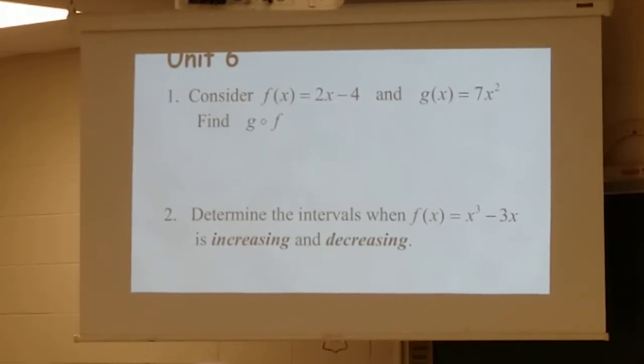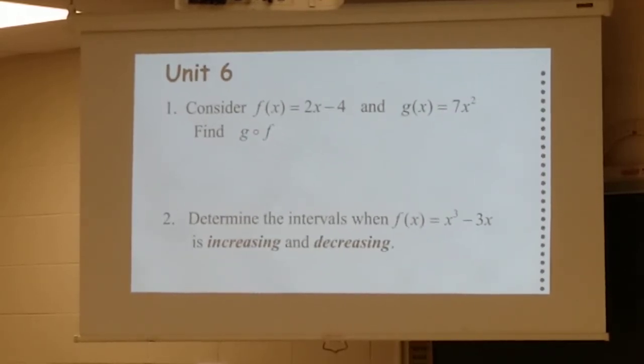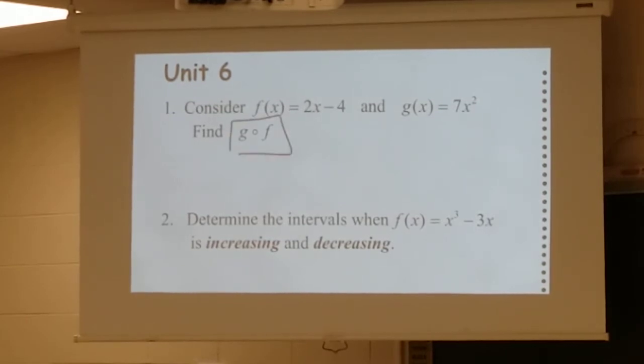Okay, so we're going to start here in Unit 6 with function composition. Now, function composition is like g of f or f of g. I hope you don't think that it's backwards, but when you see g of f, it's actually the f that's getting plugged into g. Again, it's not supposed to be backwards, but that means that this 2x minus 4 is going to get plugged in over here for x.